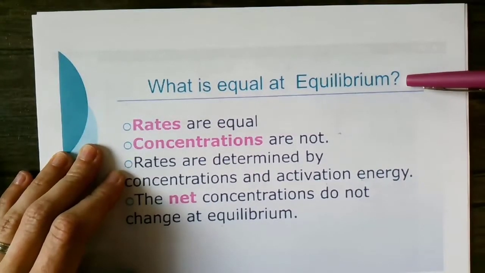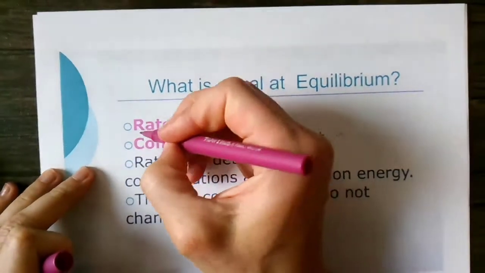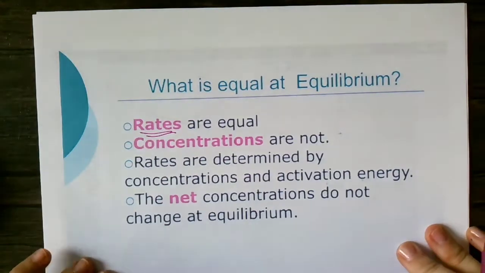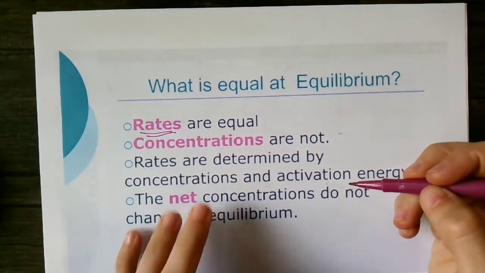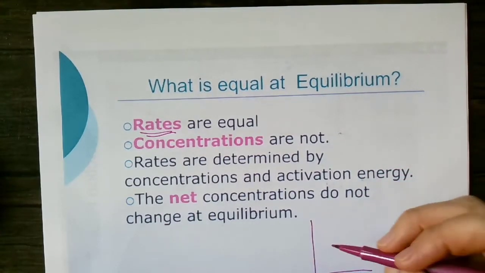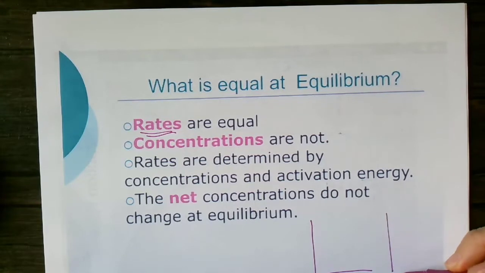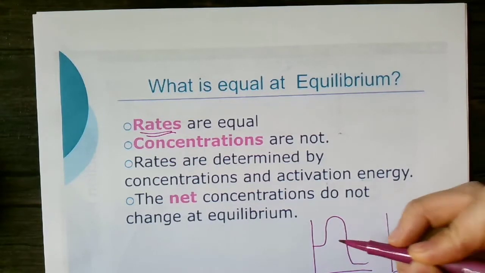So what's equal at equilibrium? The rates are equal. The concentrations are not, and the rates are determined by concentrations and activation energy. If we think about, and we've talked about this in the last thermodynamics unit, we can have a reaction with a very large activation energy.